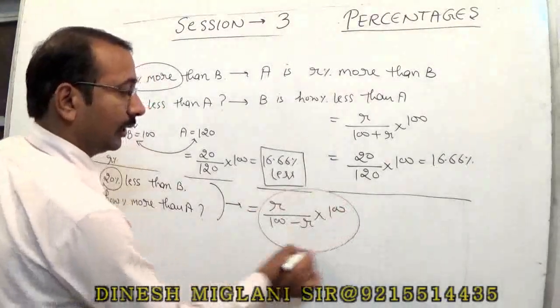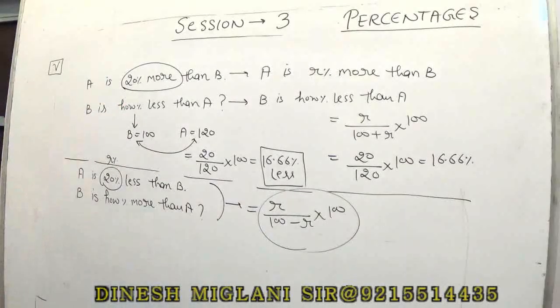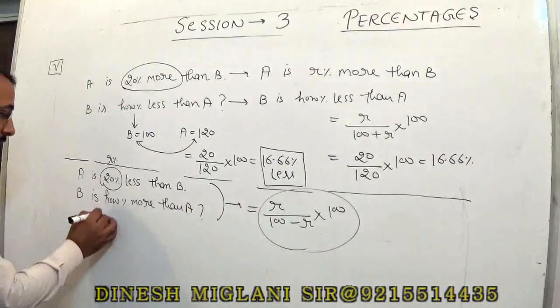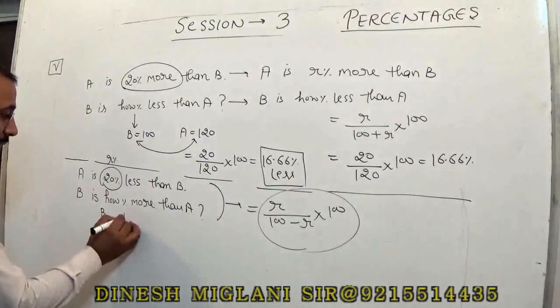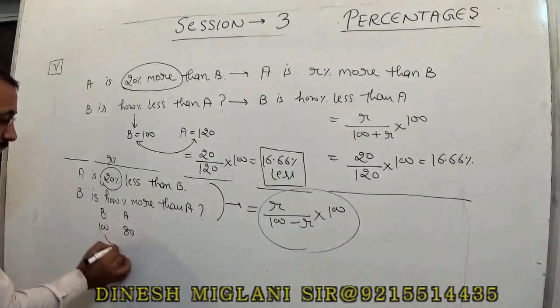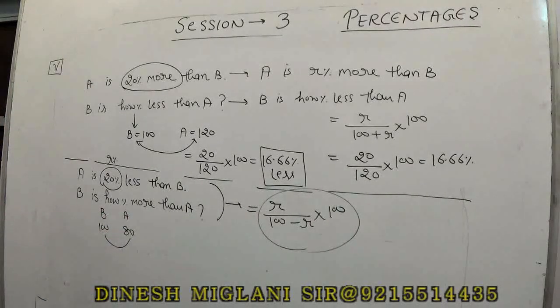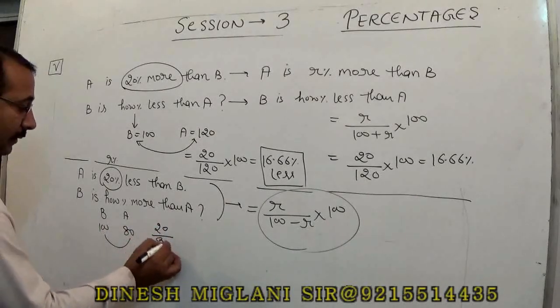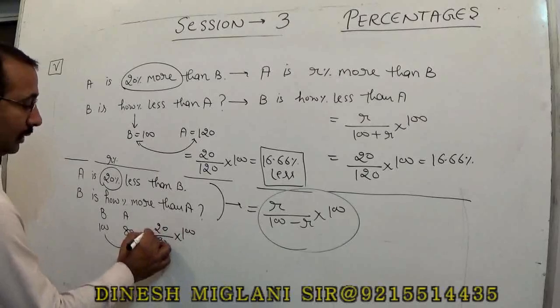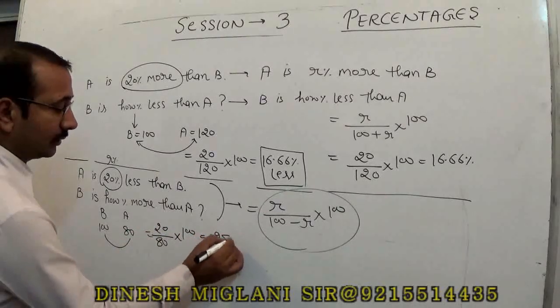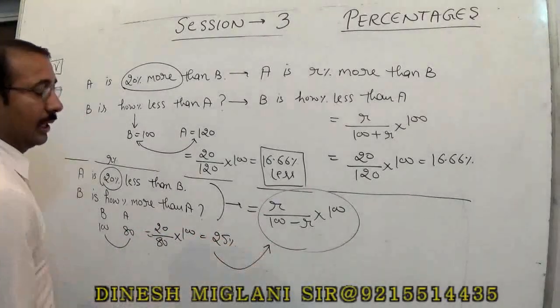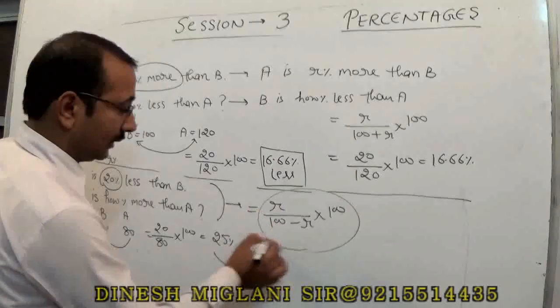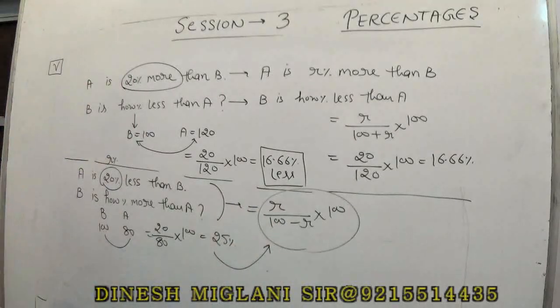Or in a similar way, assume B to be 100, A becomes 80. B is how much percentage more than A? 20, comparing with A, into 100. The answer is 25%. Or if you put R equal to 20 here, you will get the same value, 25%.